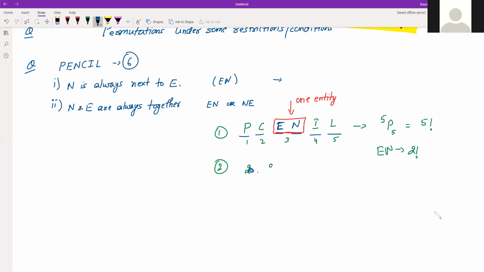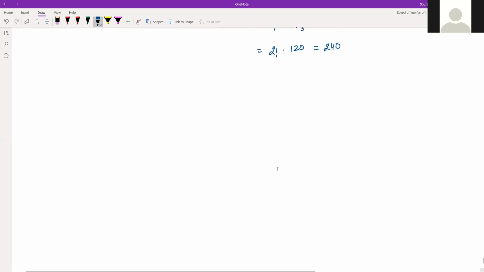So that is 2 factorial into 5 factorial, which is 2 into 120, that is 240. And the first one is 120. Okay. So I think now you can solve the other problems.